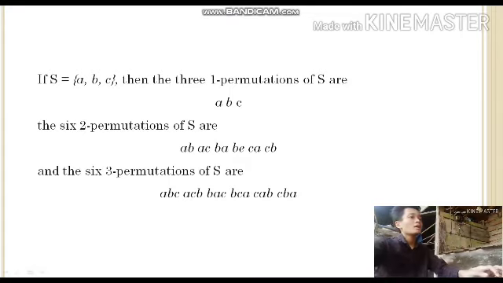If S equals {A, B, C}, then the 3-1 permutations of S are A, B, C. The 3-2 permutations of S are AB, AC, BA, BC, CA, CB, and the 3-3 permutations of S are ABC, ACB, BAC, BCA, CAB, CBA.